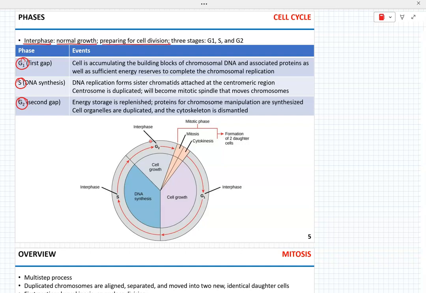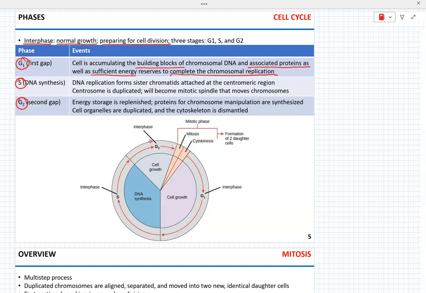During G1 phase, also known as the first gap phase, the building blocks that are essential for chromosomal DNA synthesis and for the synthesis of proteins are accumulated, and the cell reserves sufficient energy to complete the replication of the chromosomes, because the process of DNA synthesis is anabolic and endergonic. In other words, it requires energy.